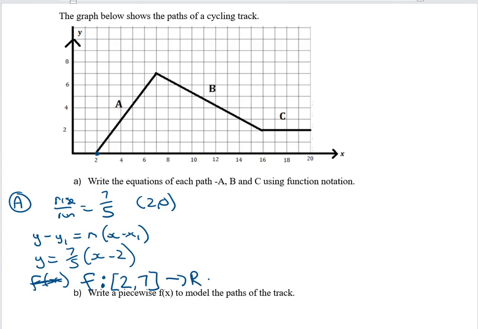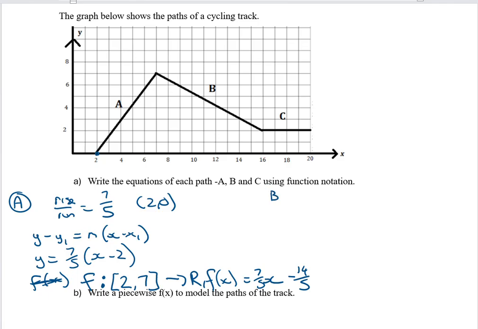It's going to be graphed with all real numbers, and our function is equal to, and I'll finish this off, 7 over 5 times x is 7 over 5x, and 7 over 5 times negative 2 is negative 14 over 5. So that's my first equation in function notation.